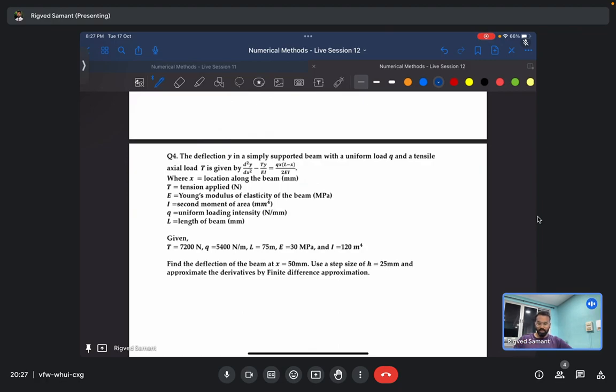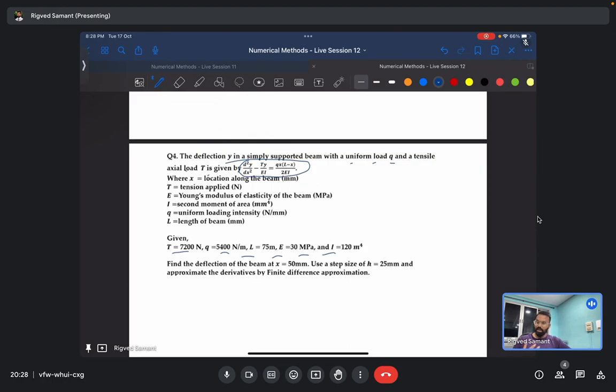What we have to do here: the deflection y in the simply supported beam with the uniform load Q and tensile axial load T is given by this formula, right, where x, t, e, I are these functions. So deflection of beam y, and whatever the intermediate constant values are also given to you.